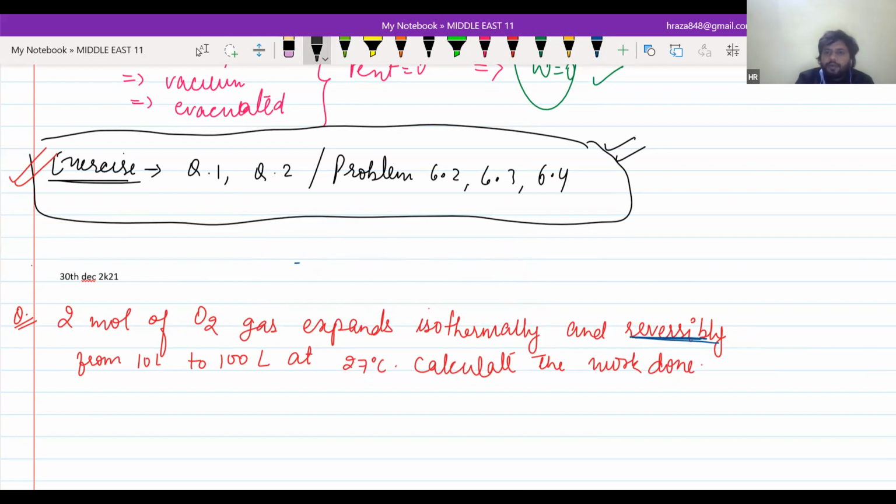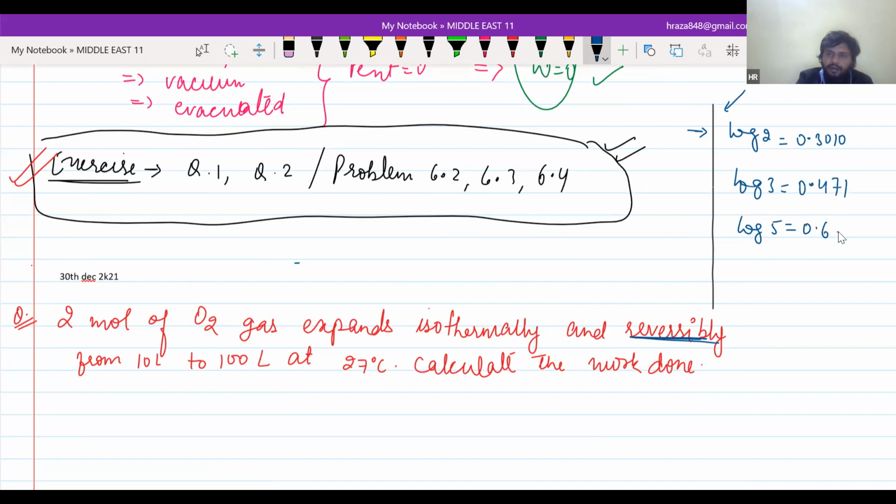You have to remember one thing, the value of log 2, which will be used frequently: log 2 equals 0.3010. Either it will be given, or if you remember it, it will be very useful for you in physical chemistry. Log 3 is equal to 0.471, log 5 is equal to 0.69, which can also be written as almost 0.7.